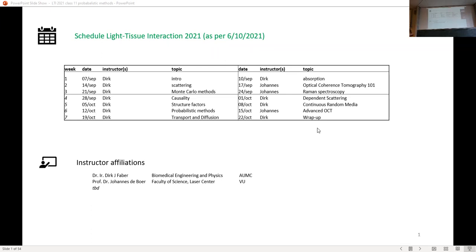I titled it Probabilistic Methods, which means that it has to do with probabilities. It is closely related to the Monte Carlo methods that we discussed earlier on.